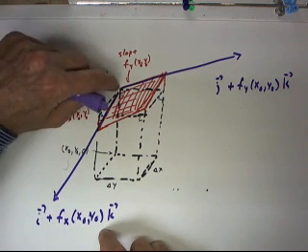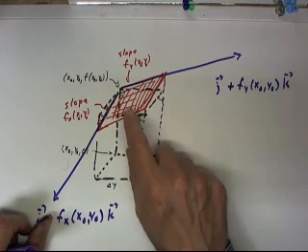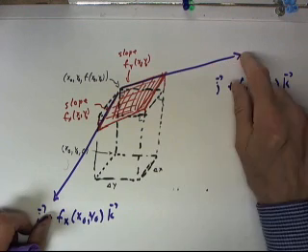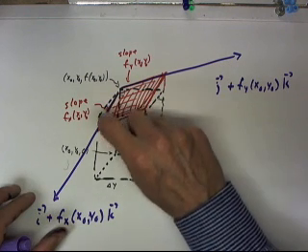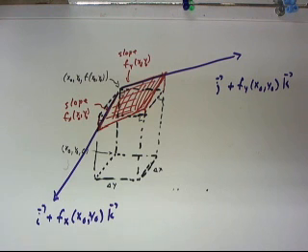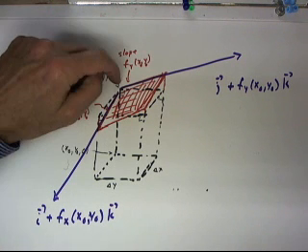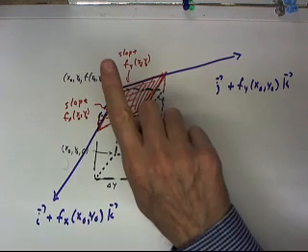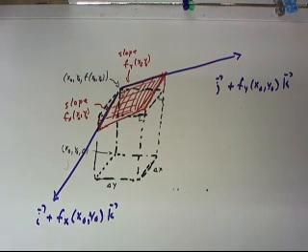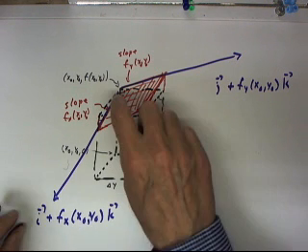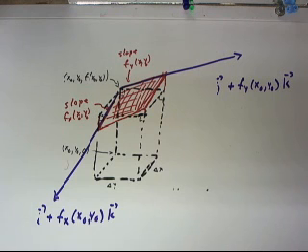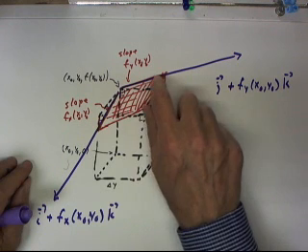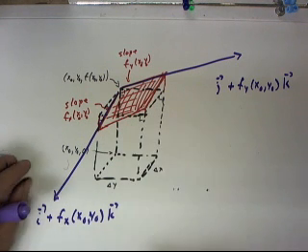We have a point here, and we have a vector in this direction that matches this slope segment, at least at the beginning, and a vector here that matches this sloping segment. These two vectors and this point define a plane. If I take the cross product of these two vectors, I get a vector normal to the plane. If I have the normal vector and a point, I can write the equation of a plane, so that I can find the equation of the plane represented by this red shaded region.